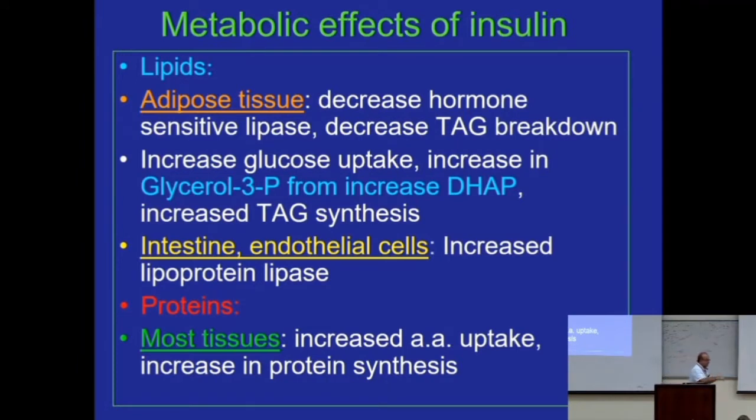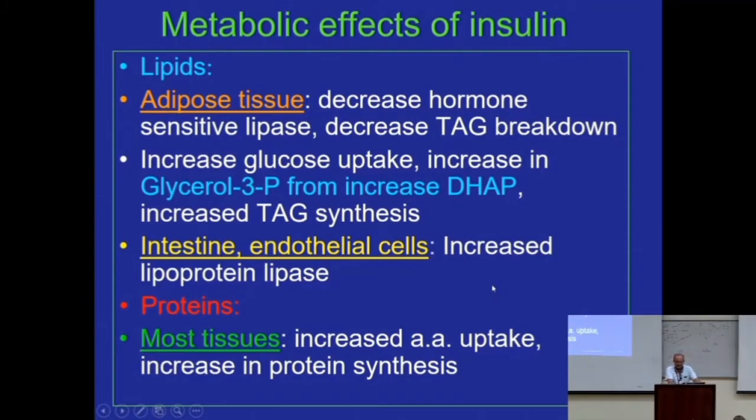It is part of the endothelium, so it hangs out attached to the endothelial wall, and the enzyme can access the lumen of the bloodstream and access chylomicrons and VLDL, to be able to pick up fatty acids to be used or stored in the respective tissues. Okay, so this is an important effect of insulin.